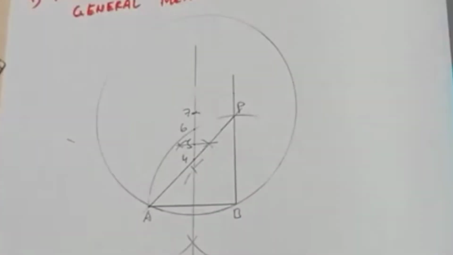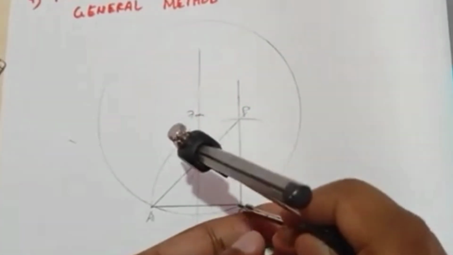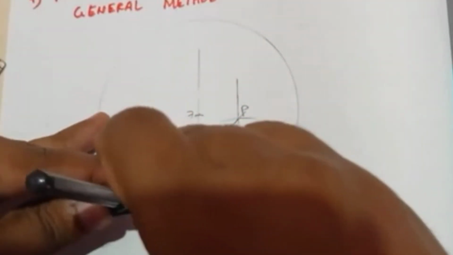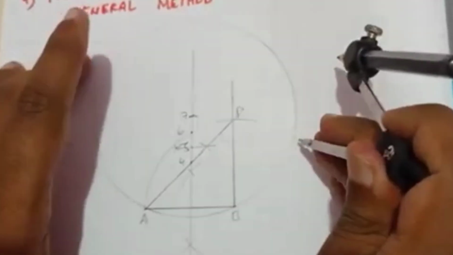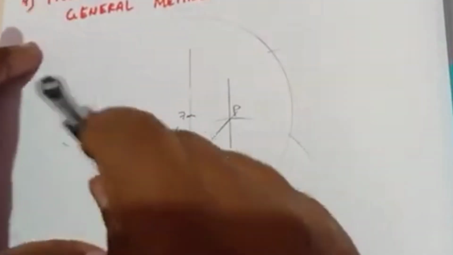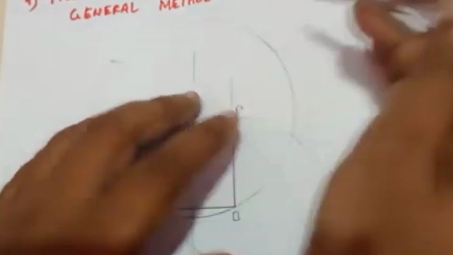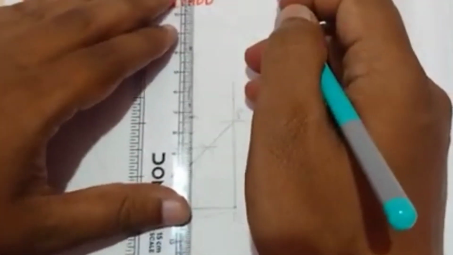After drawing the circle, you need to measure this length, the AB length. Okay, AB length you need to measure, and then cut the arcs. So from this end, I'll just draw one straight line here, and extend it a little bit.